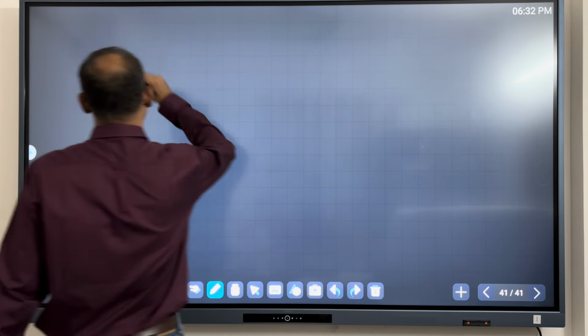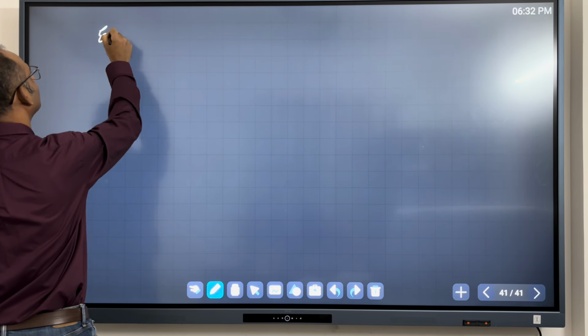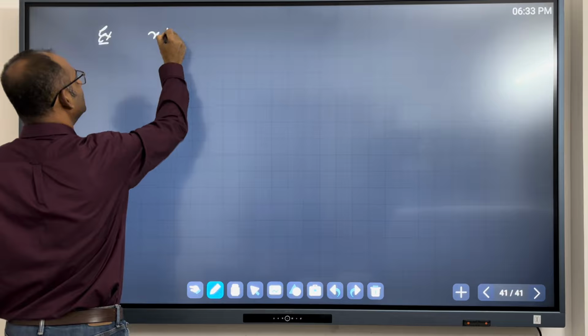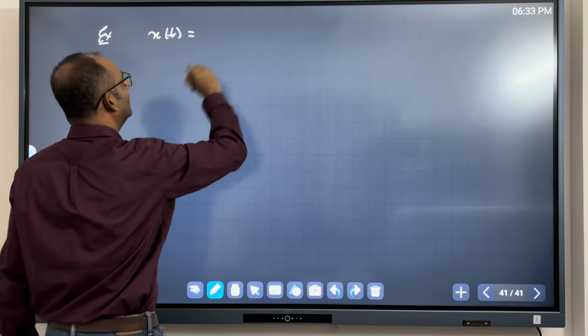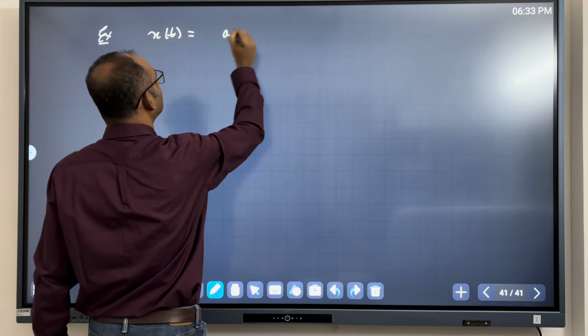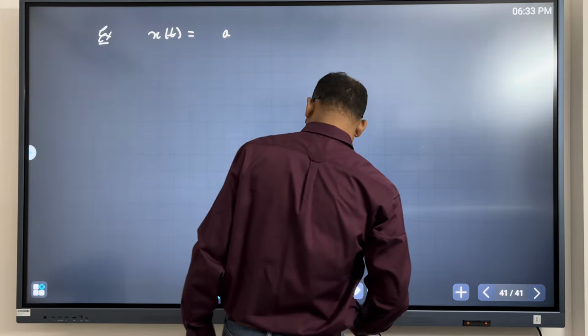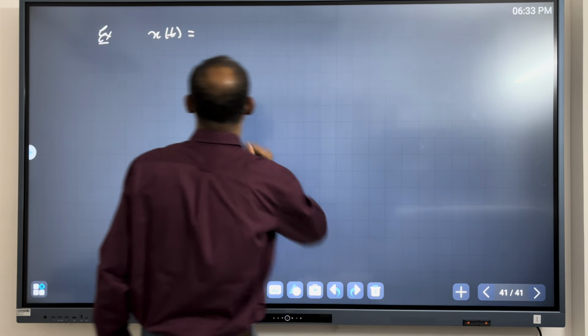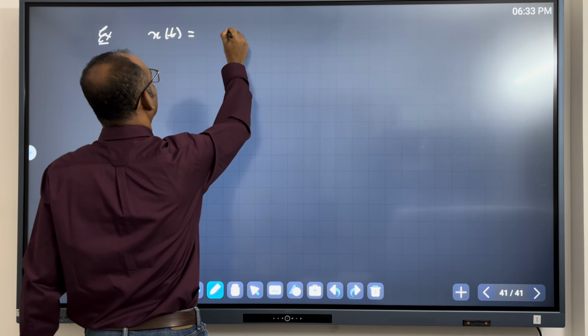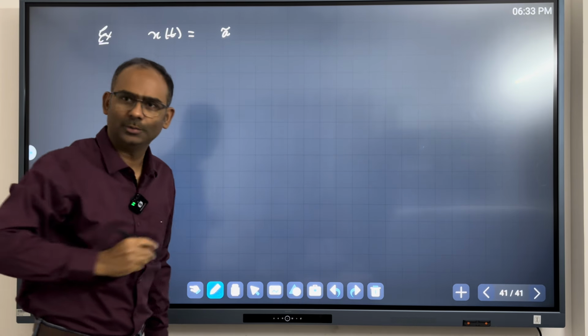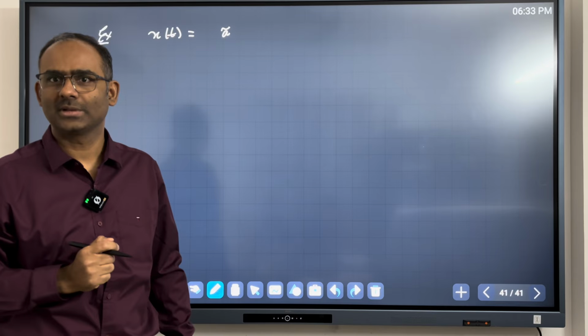Okay. Let's take another example. Position as a function of time is some constant, let's call it A tilde. I hope you don't dislike A tilde. A tilde is fine.